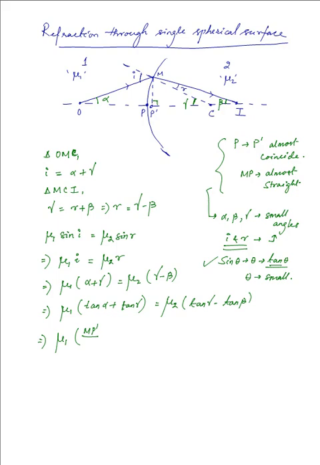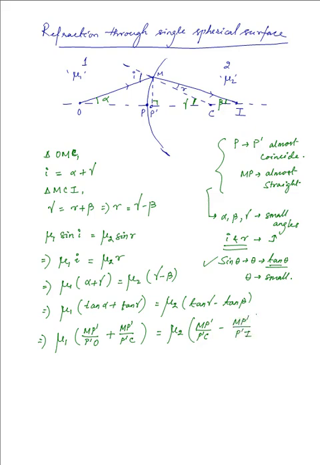MP dash over P dash O, plus tan gamma, that will be equal to MP dash over P dash C. And then on the other side, for tan gamma, we have the same thing, MP dash over P dash C. And finally, for tan beta, we have MP dash over P dash I.